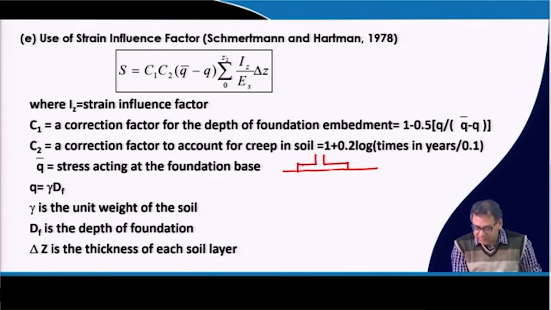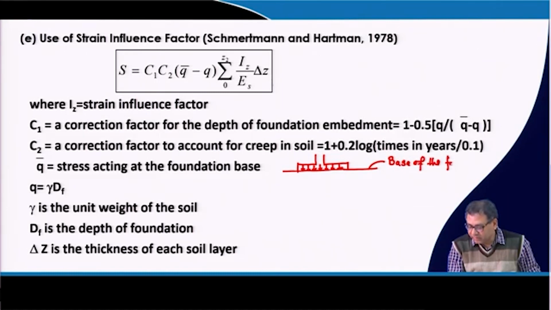Here I am just drawing the foundation, and you consider this is not actually the surface, it is actually the base of the foundation. This line represents the base of the foundation, and that is z equal to 0.